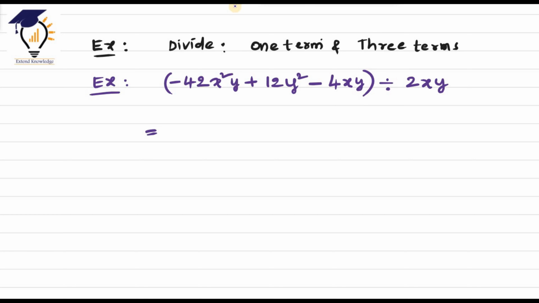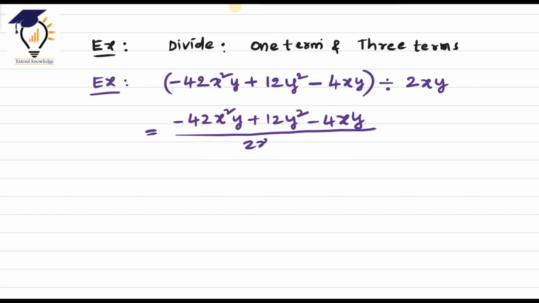So let's see that. Minus 42 x square y plus 12y square minus 4xy, that is to be divided with 2xy. So we have a basic rule that the denominator can be split over anything. If x plus y over some k, we can just make it as x over k plus y over k, where k is a common denominator.